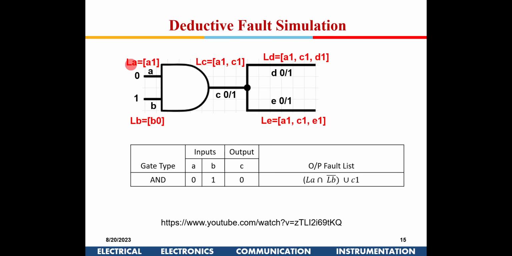LA indicates a list of faults that can be detected at node A. So A stuck at 1 can be detected, and LB means B stuck at 0 can be detected here, right? And what about here? Can B stuck at 0 be detected here for this particular test vector?